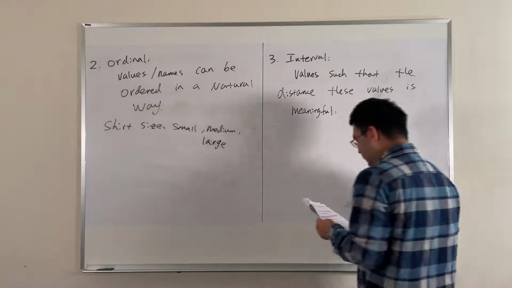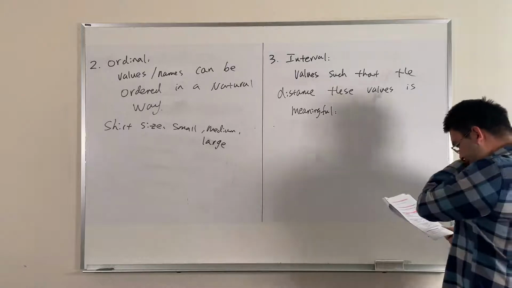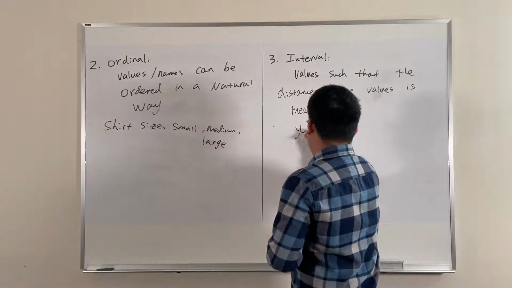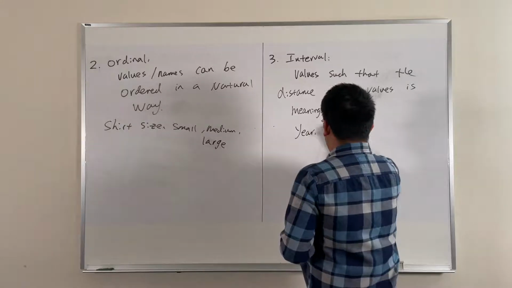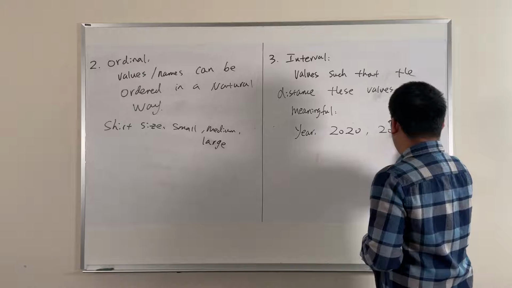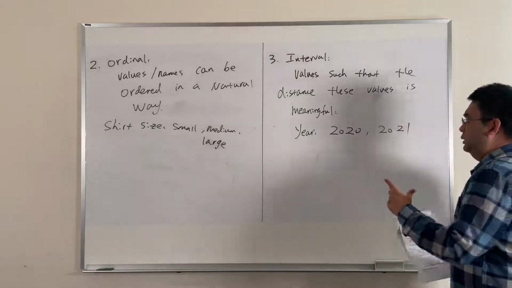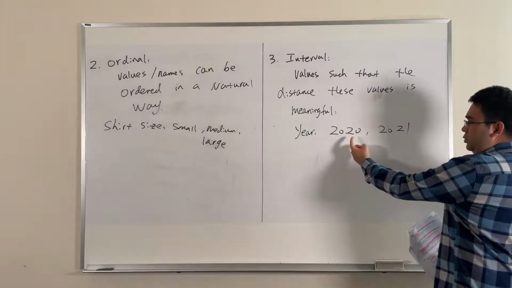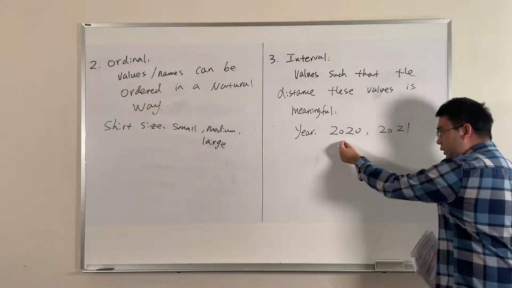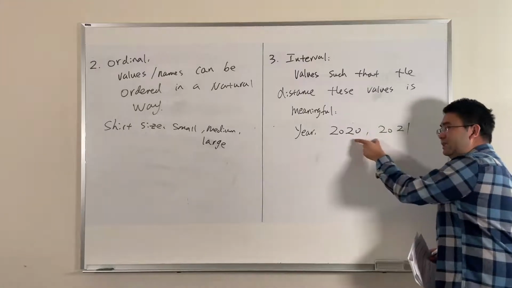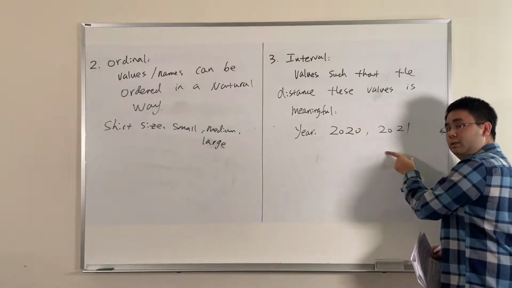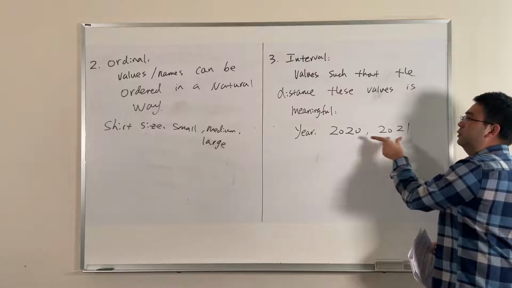Okay, it's meaningful. Say year, right? Year. So year 2020 and 2021. Does the distance have meaning to it, right? So from 2020 to 2021, the distance is 1, and it means a year later, right? It makes sense. So this is an interval value.